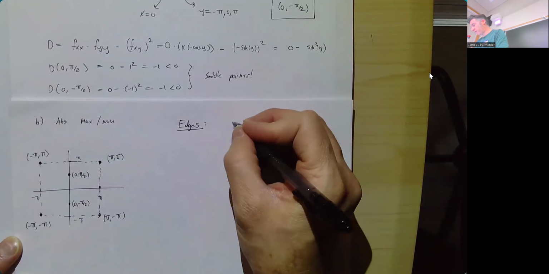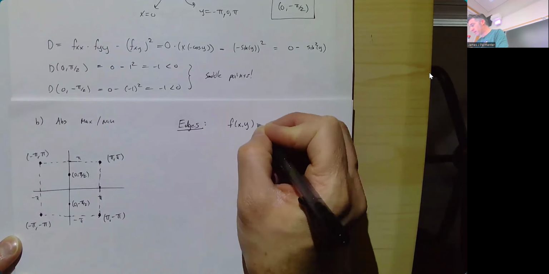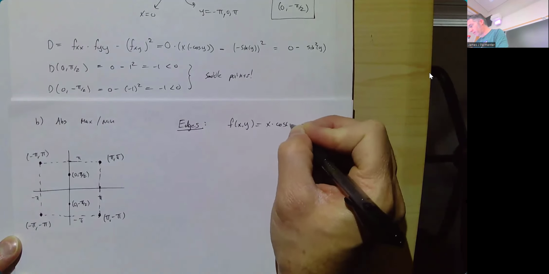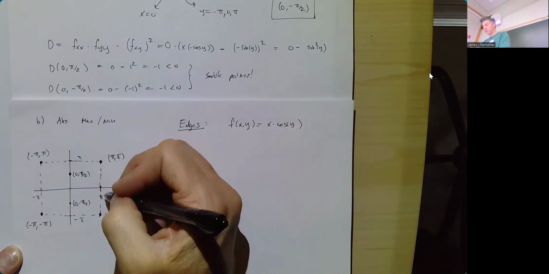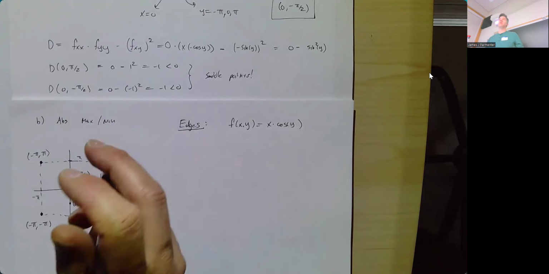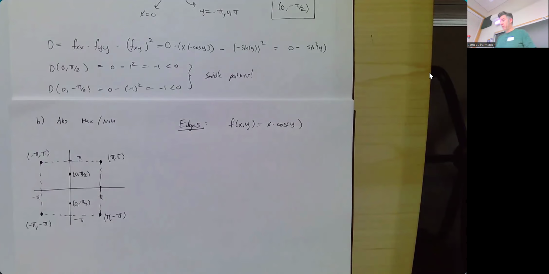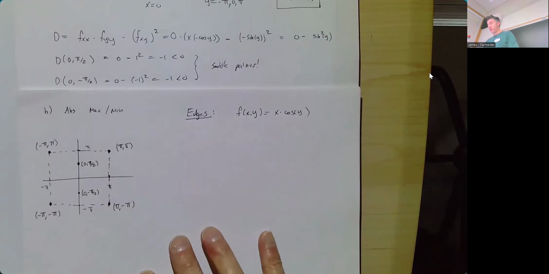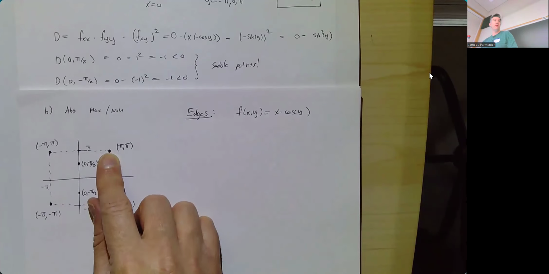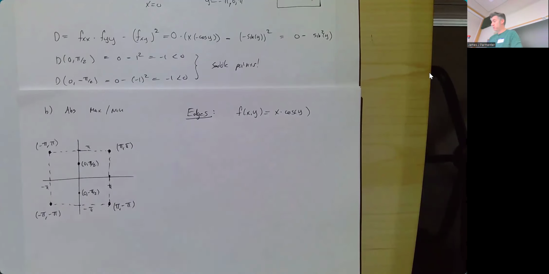So I'll remind you that our function was x times cosine of y. And now we're going to check each of these edges, which, if it's a square or a rectangle, are really easy to do. Because this top edge here, this top line, is the line y equals pi. So set y equal to pi.